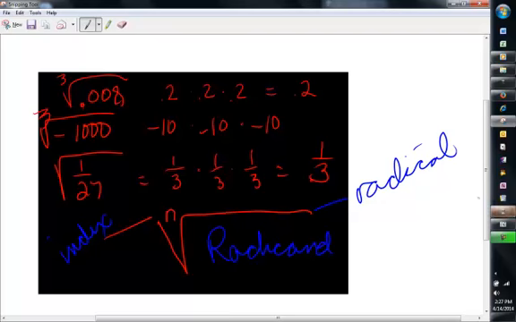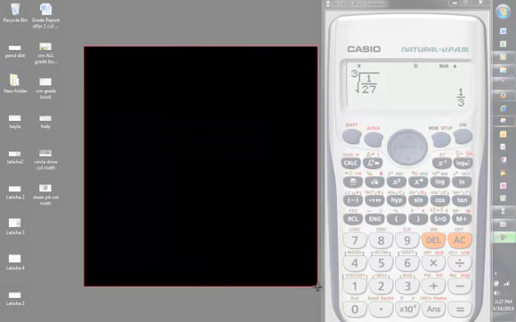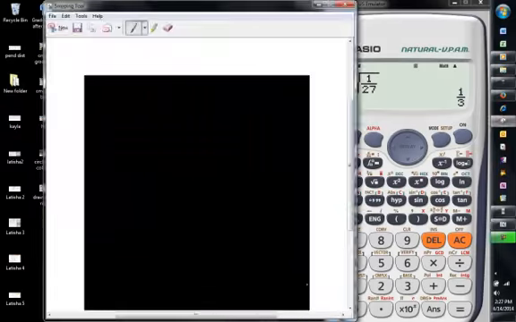The cube root of negative 27. Well, negative 27 is negative 3 times negative 3 times negative 3. So the cube root of that, you got 3 3's here, is negative 3.